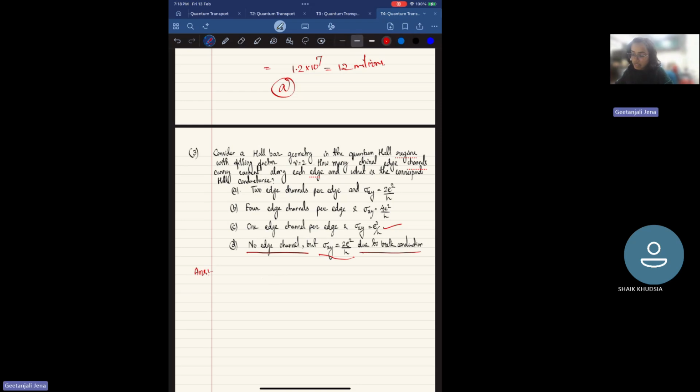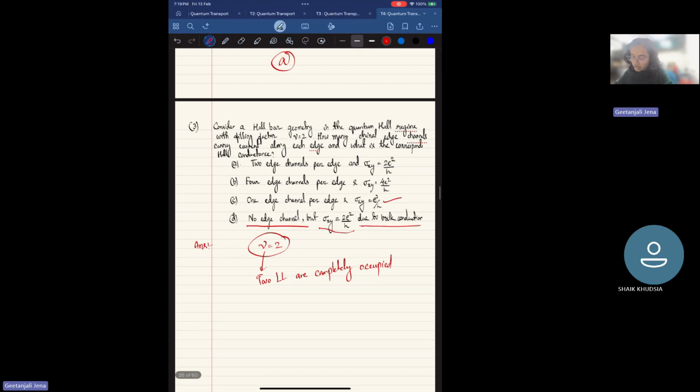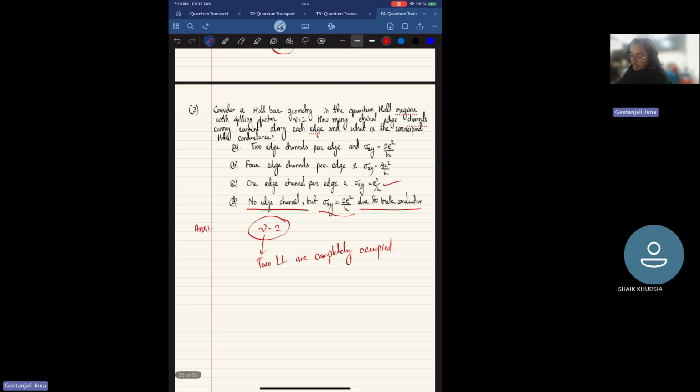Option B. I doubt it's correct because it's given nu equal to 2, right? So nu equal to 2 means the filling factor is 2. That means 2 Landau levels are completely occupied. If you recall, at the edges, the Landau levels cross the Fermi energy.